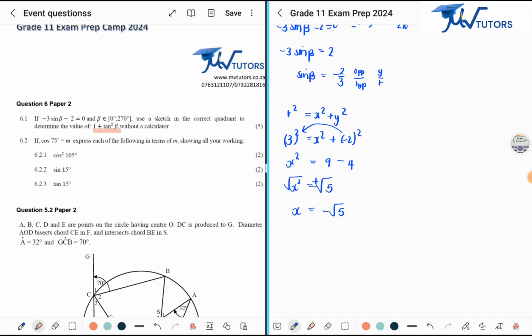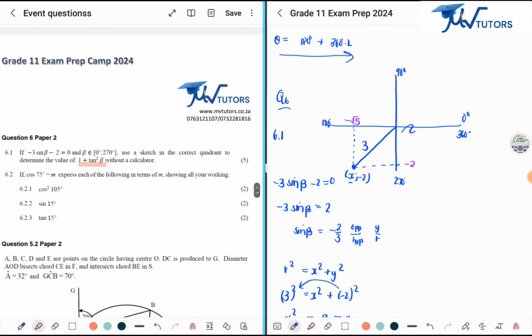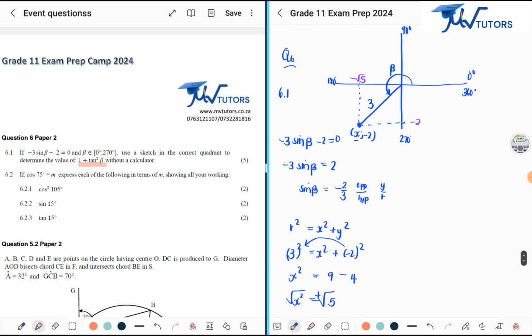Oh, by the way, where is beta? Okay, beta will be over here. Now let's go and solve for 1 plus tan squared beta. Basically that will be equal to 1 plus, we know that the identity of tan is sine over cos, or actually you don't even need that, let's not complicate life for ourselves.